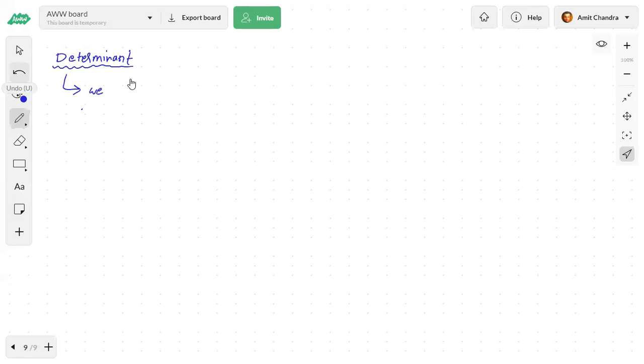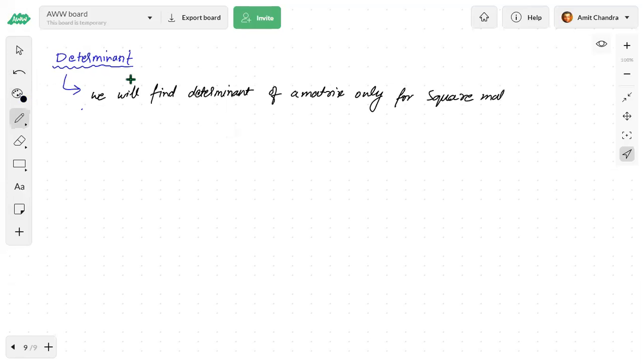We will find the determinant of a matrix only for a square matrix, that means of the order n cross n.